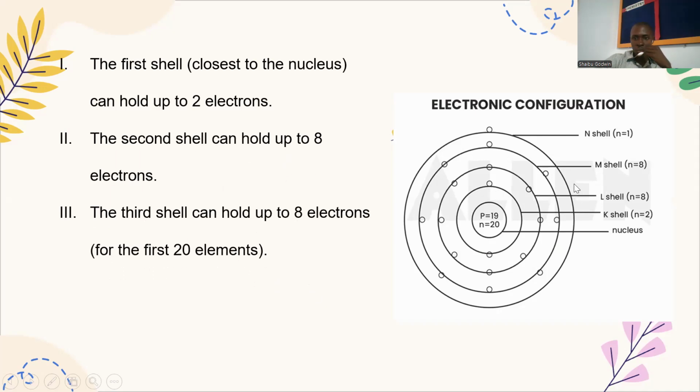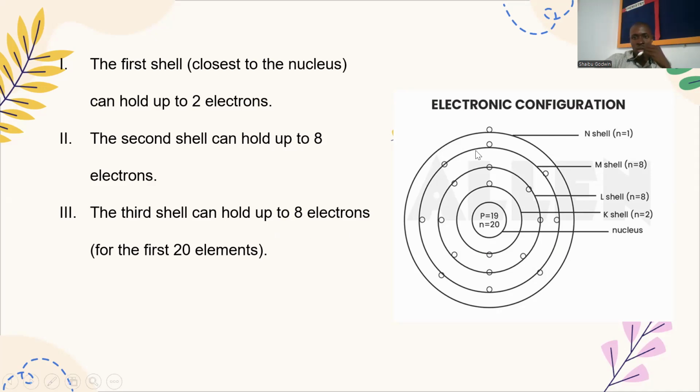The third shell, which happens to be the M shell, can also hold up to 8 electrons, but this is for the first 20 elements. It can hold more when the element has atomic number above 20, for the 21st element, the 22nd element, and so on and so forth.